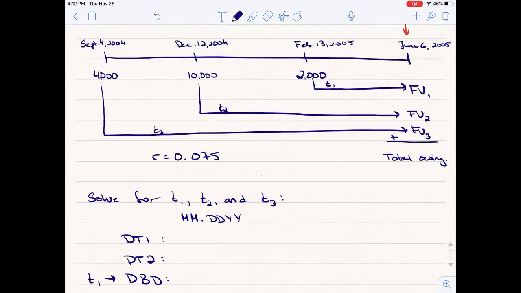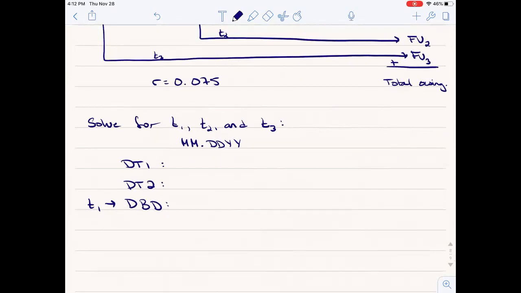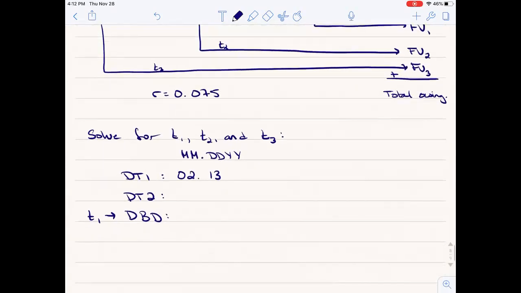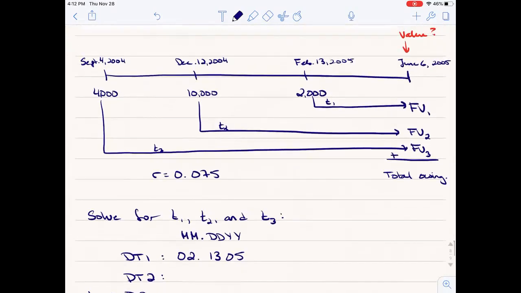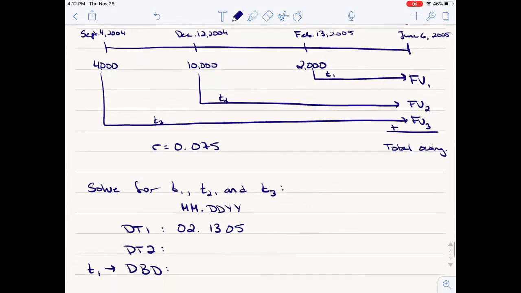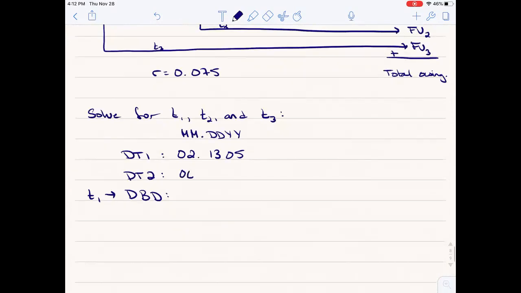But I'm going to do T1, which is February 13th, 2005. So I've got February, which is 02/13/05. And then date 2 will always be June 6th, 2005 for all of these. So that's not going to change. 06/06/05.